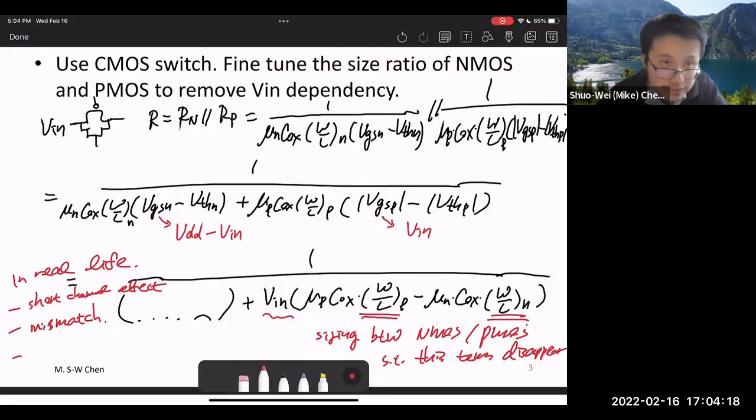Another thing that we kind of ignore here is the threshold voltage. You see VTHN and VTHP, I kind of moved that to the left-hand side, right? Because VTH is independent of V in, right? So in reality, is the threshold voltage of the NMOS and PMOS dependent on V in?